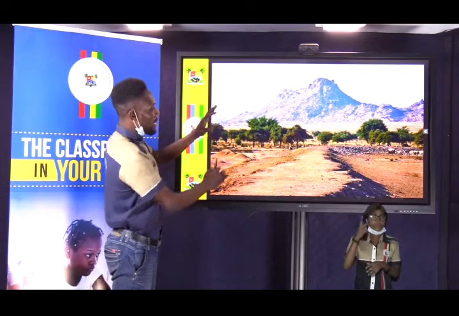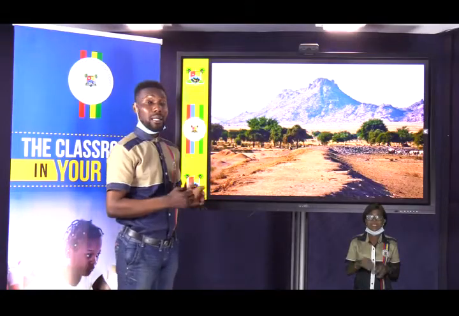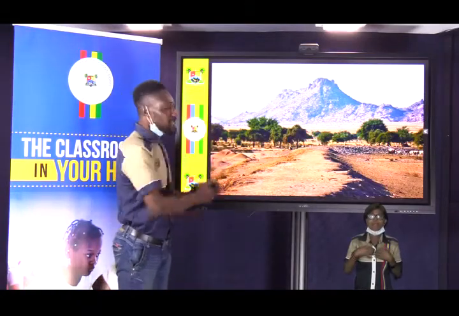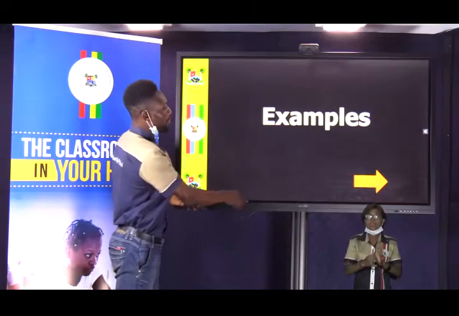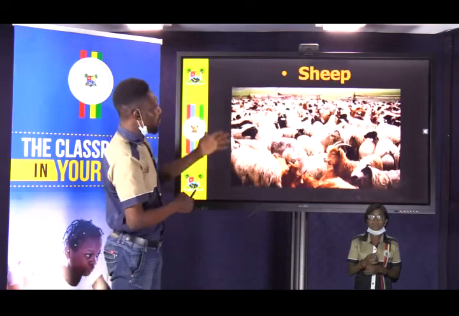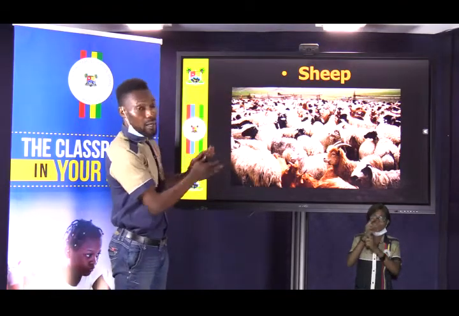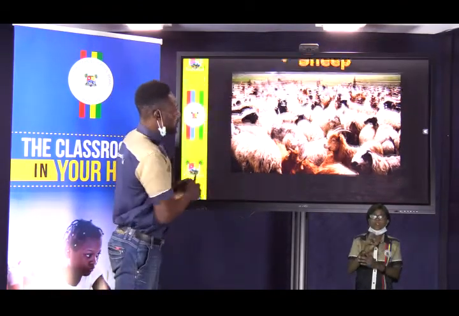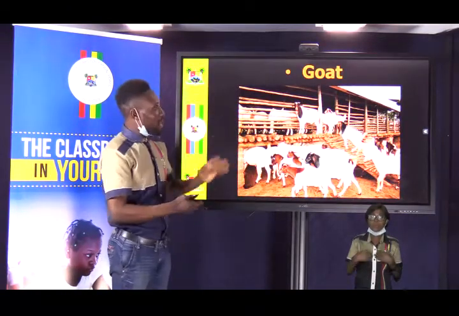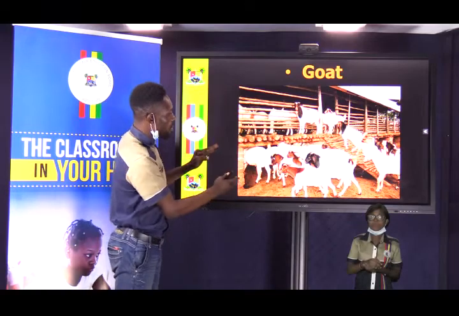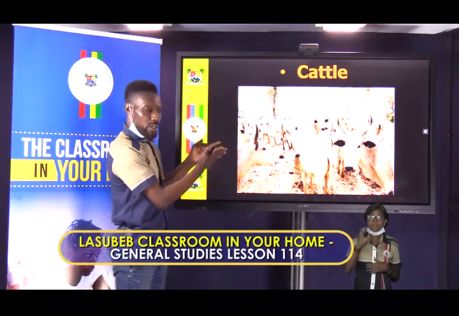Looking at this kind of region, let's look at the animals that we can find in this region. Examples of animals there: we have sheep, goats, and we also have cattle there too.